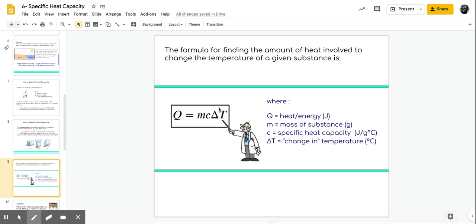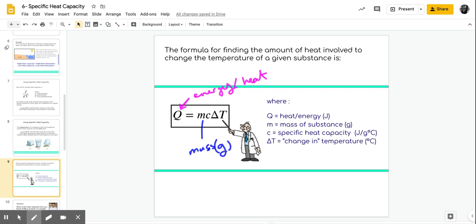So this is on the back of your periodic table. What each thing means, feel free to, if you want to, write this down on the back of your periodic table with your formula. Okay, Q is your energy, or sometimes in the questions it can be referred to as heat. M, little m, and it has to be little m, is your mass, and it needs to be in grams, not kilograms.